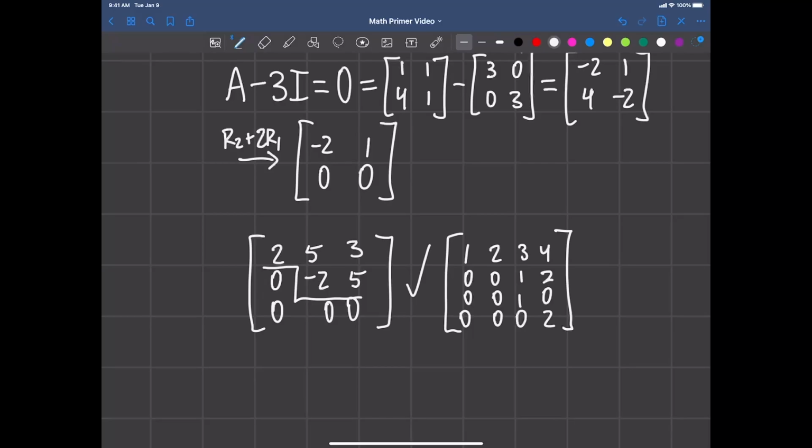So we have no rows of full zeros, so that's fine. But the staircase pattern looks like this. And this is invalid because the staircase pattern necessitates that we don't go down 2 rows at once. So this is not a valid row echelon form.